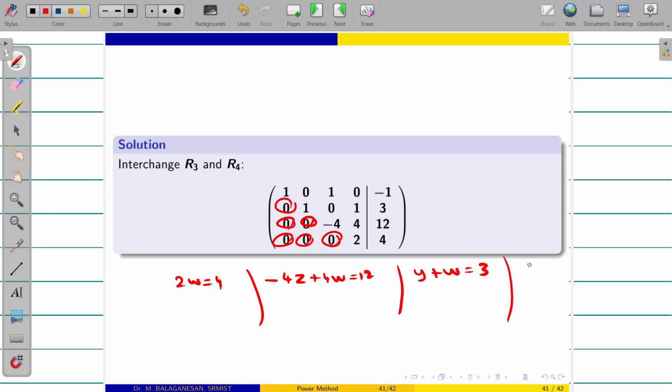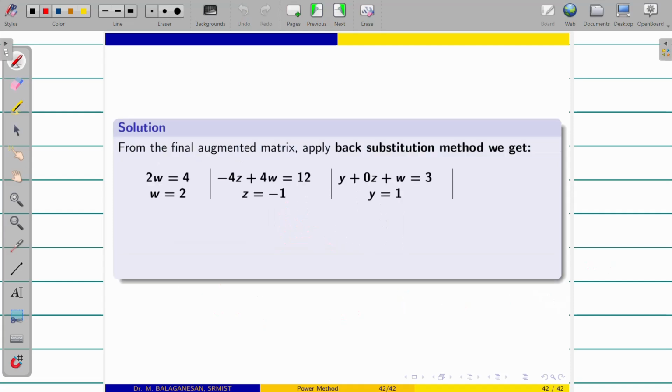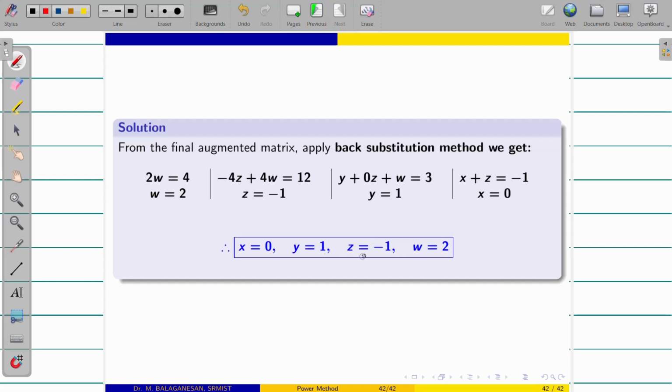And the last one, x plus y plus 0z equal to minus 1. Substitute the w value in this one, we can get z. Substitute w and z here, we can get y. With w, z, y, we can get x here. This is the concept of back substitution. So I can get this answer: x equal to 0, y equal to 1, z equal to minus 1, and w equal to 2.